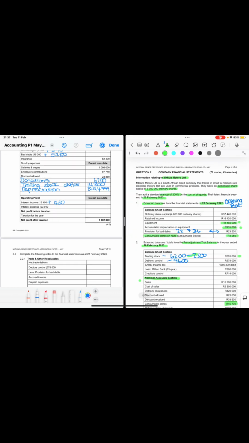Looking at our pre-adjustment trial balance, we have SARS income tax with a debit balance of 586,300. So we're told the amount still owing, and this is a debit balance. That means this is what we've paid so far. So we have paid this amount and we still owe this amount.